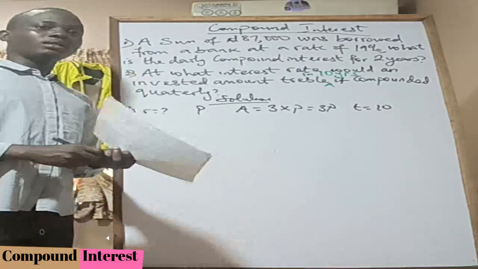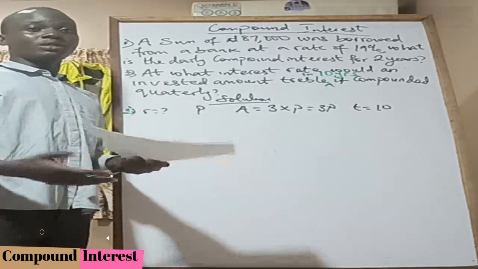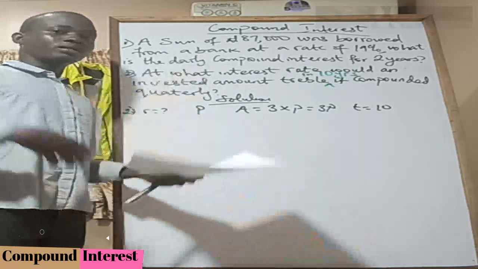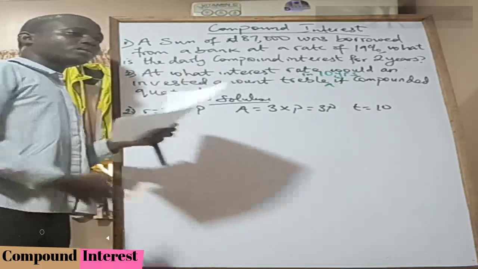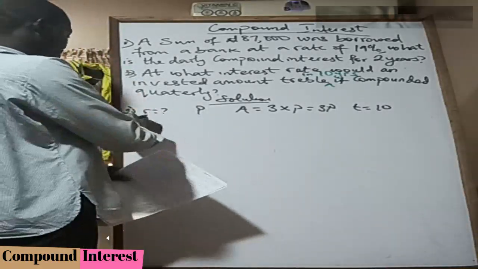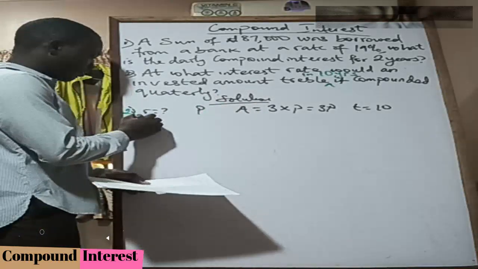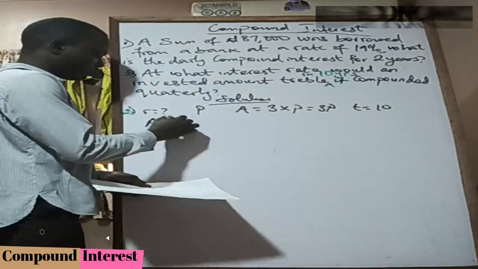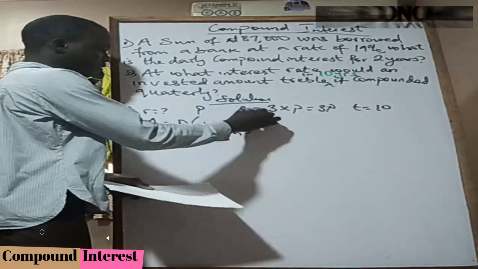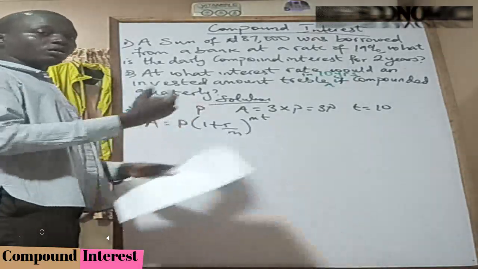Quarterly is like 1/4, right? So you're looking at 4 times. If it was compounded 4 times in a year, from January to March, and after that compounded again, 4 times in a year. So the normal formula is A equals P into bracket 1 plus R over M raised to MT. But from this question, we know that what we are looking at is when this money triples or trebles.